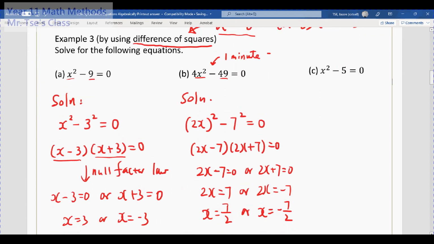The last one is a really tricky one, because 5 is not a square number, unlike 49. So if you have a non-square number, how can you make it like a square? Is it really possible?